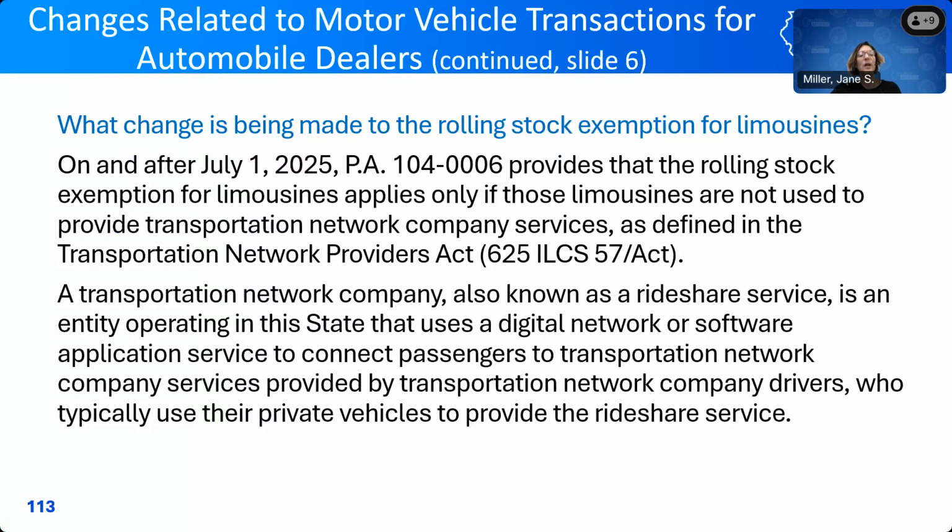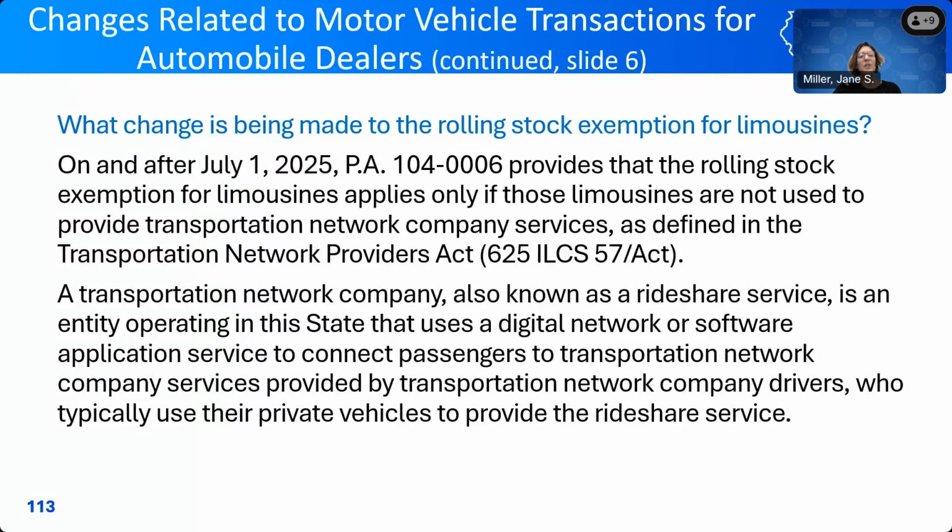Also, on and after July 1st, 2025, Public Act 104-0006 provides that the rolling stock exemption for limousines applies only if those limousines are not used to provide transportation network company services as defined in the transportation network providers Act, I'm sorry.